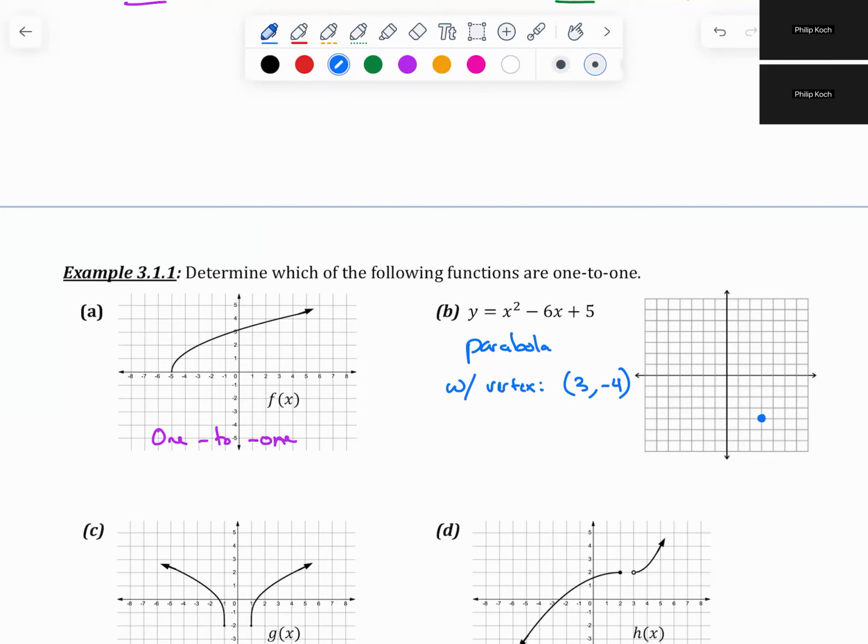So right there, and it's going to look like this, roughly speaking. Exactly how accurate that is does not matter, because we're not looking for a perfect picture. We're just looking to see if it's one-to-one or not. And this one is not one-to-one. In fact, any parabola is not one-to-one. All parabolas are not one-to-one.